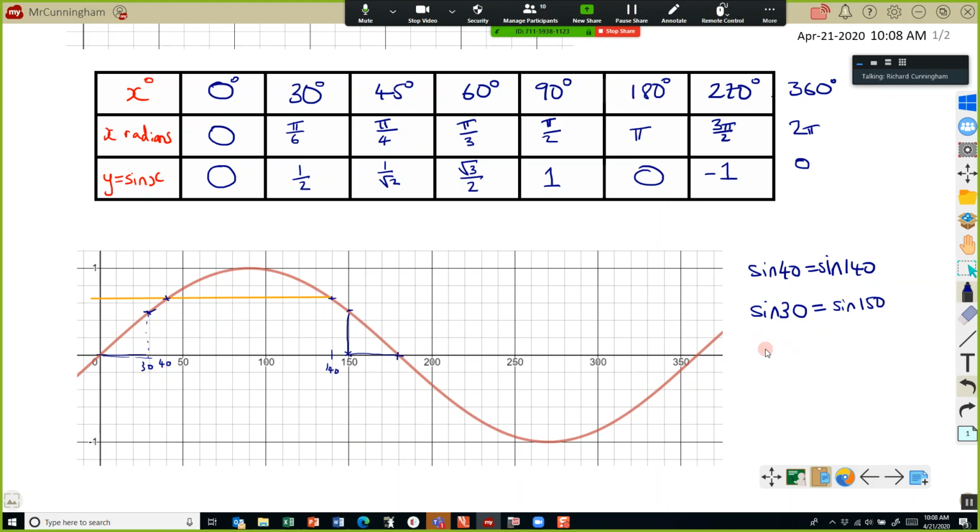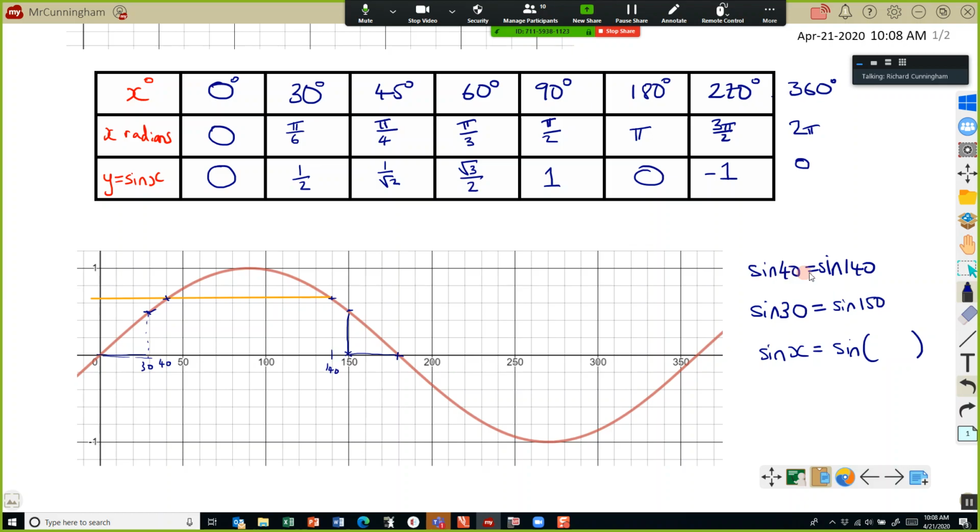So if I was going to put this in terms of variables, sine of x is going to be the same as sine of what? What am I doing to this to get this number? What am I subtracting 30 off of to get 150?